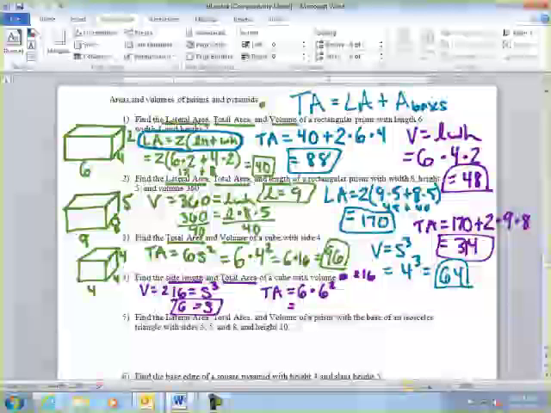What's 6 times 36? 216. This is a special case of the volume and the area being the same. They are not always the same, but in this special case they are.